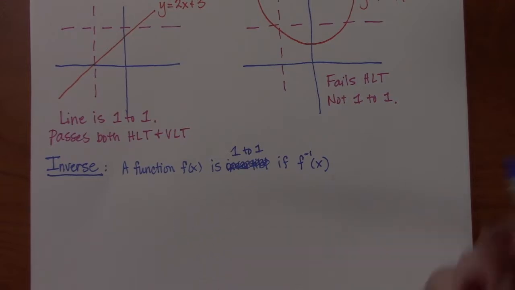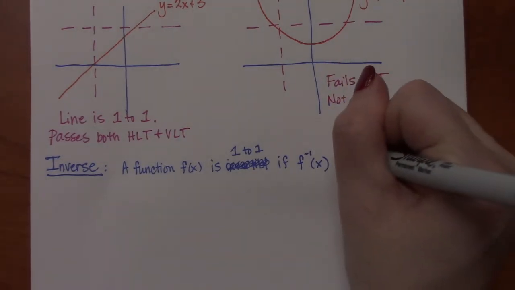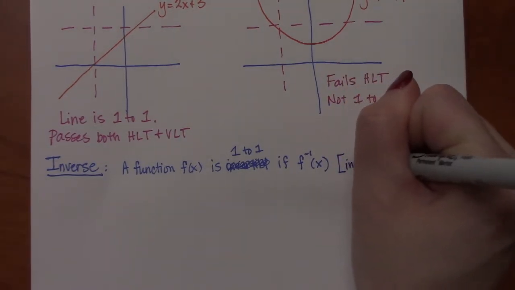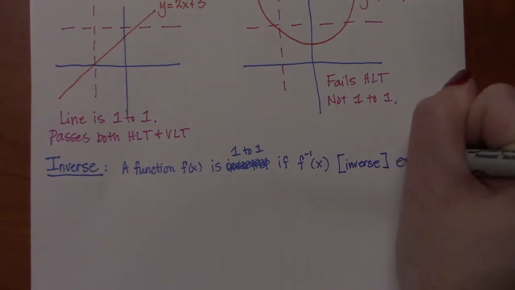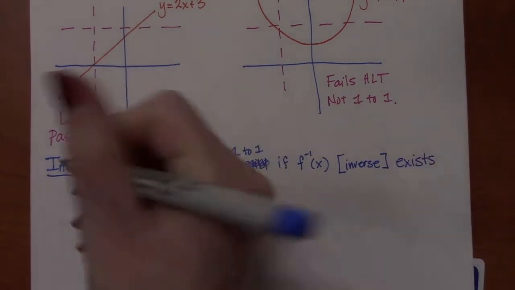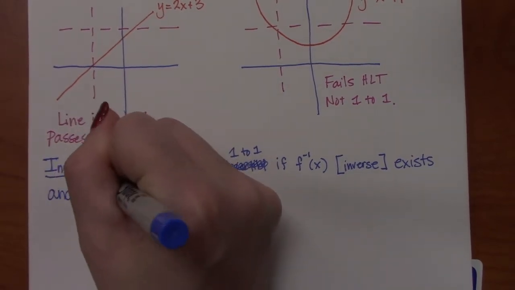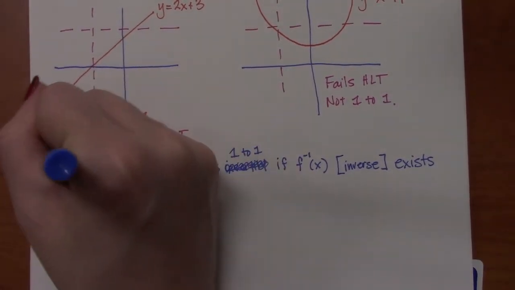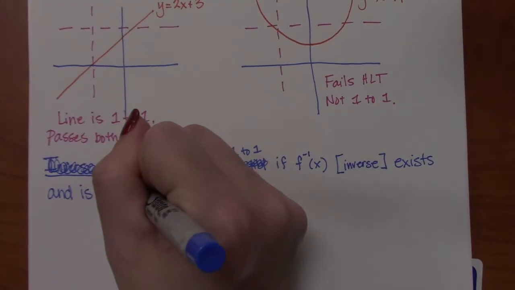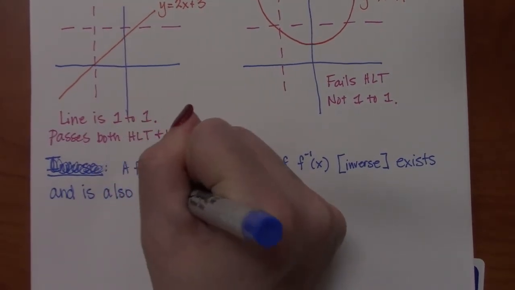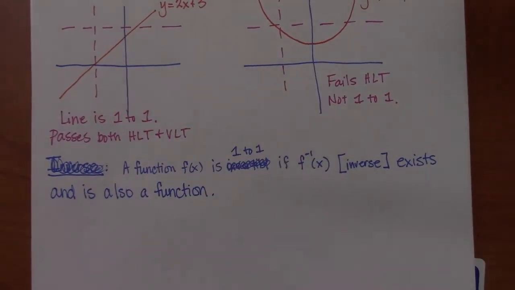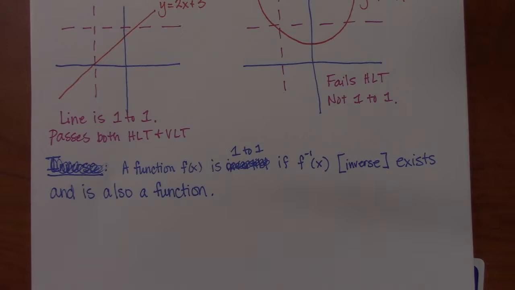So a function f of x is 1-to-1 if its inverse exists and is also a function. This is another way we can test for something being 1-to-1.